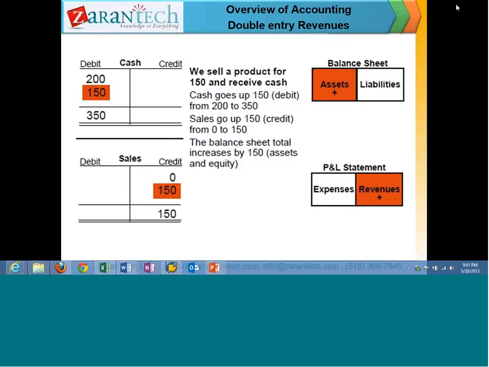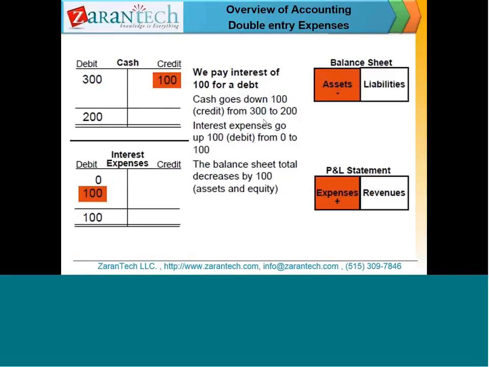The next example is, for example, we pay interest of 100 for a debit. So cash goes down. So cash is going down. So that's why we credit 100 from the 300 debit.